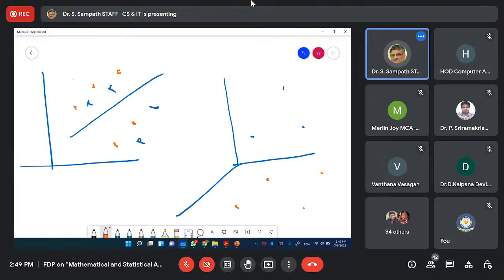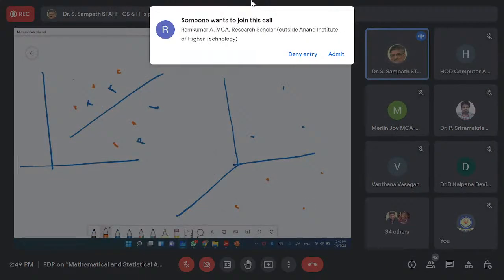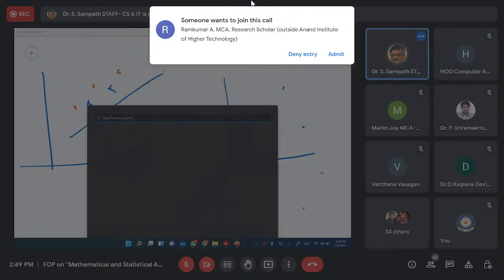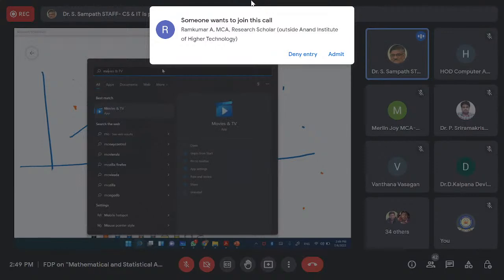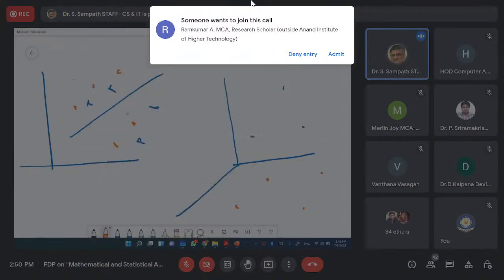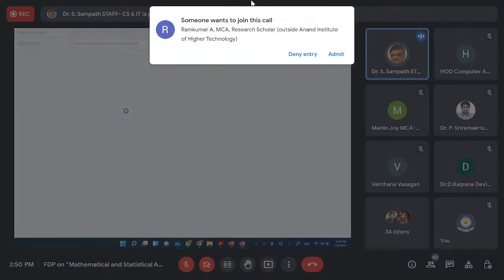For every point there, you create a representation in a higher dimensional space. There you will be able to achieve linear separability. So that is the main idea behind what I am going to introduce a little later. Understood? Let me show you a small video which will give you some rough idea about these things.